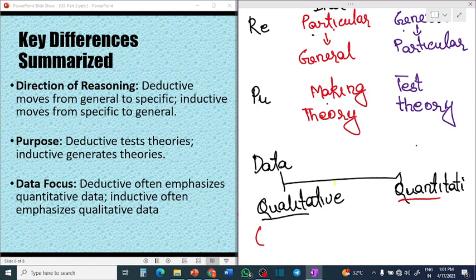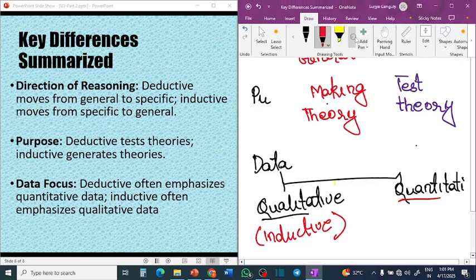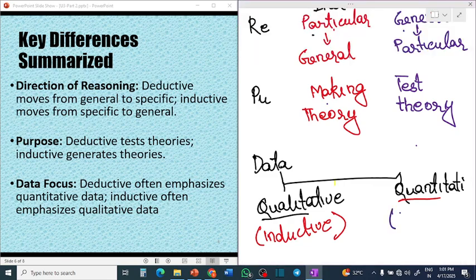So in most of the cases, whenever there is a qualitative type of data, we use inductive method. And whenever there is quantitative type of data, we will use deductive type of method. So I hope everything is clear up to till now.